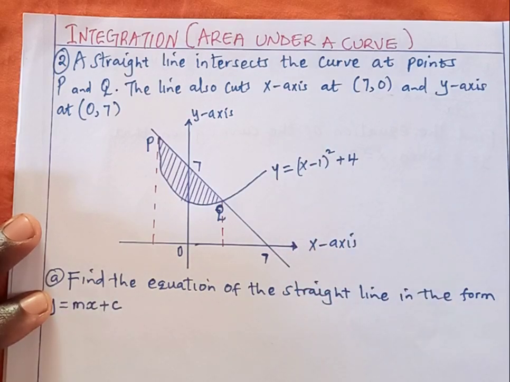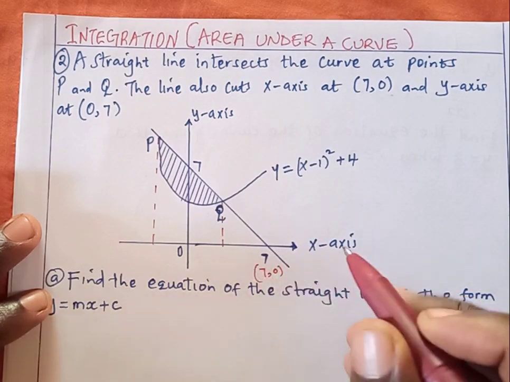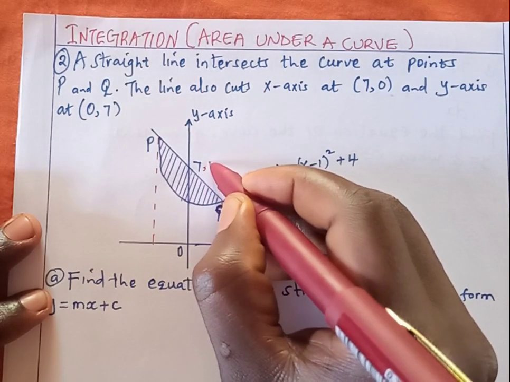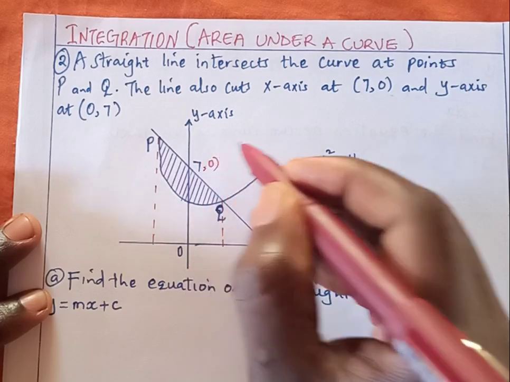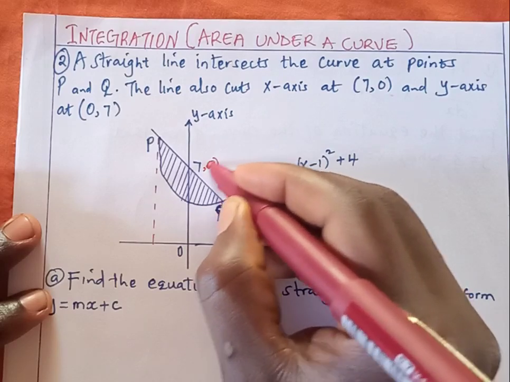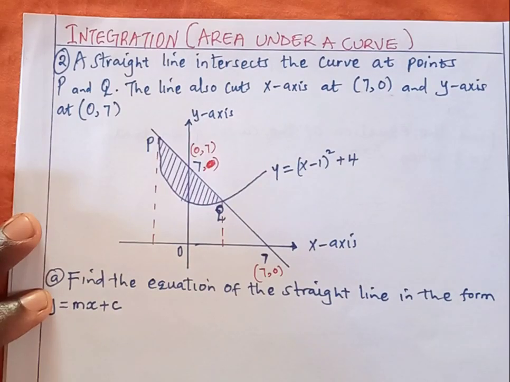This is the x-axis at (7,0), and at the y-axis, this is where we have (0,7). So the curve intersects the line at point P, and then intersects the same line at point Q.